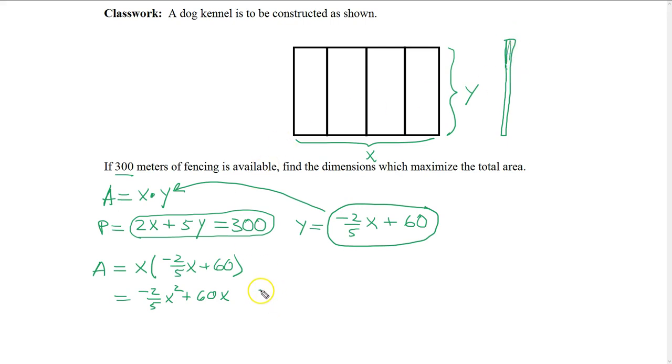So it can go from 0 all the way up to 150, in which case your partition is very long, like this. So basically x takes up both of these sides, and if we have 300 meters of fencing, that means we're going to have 150 for each of these lengths, so x can go up to 150.